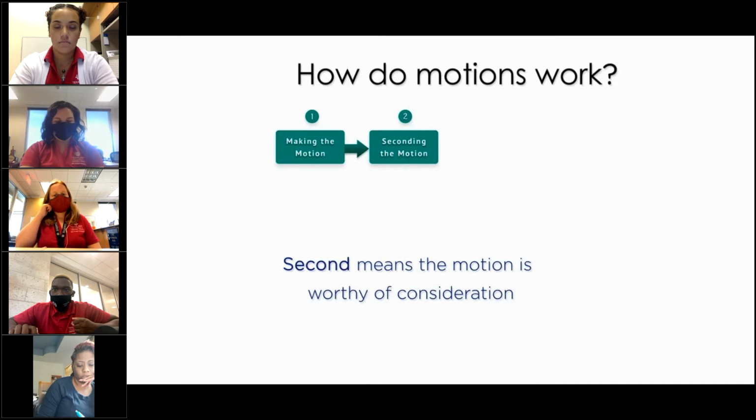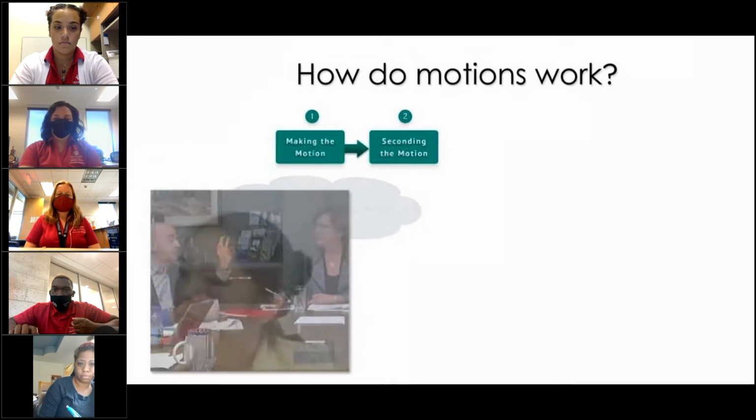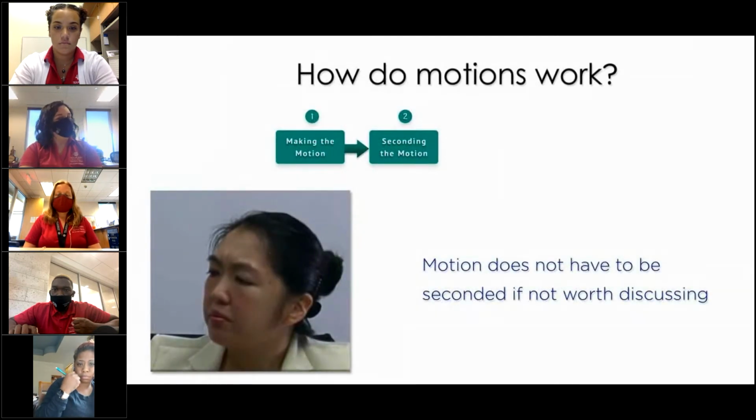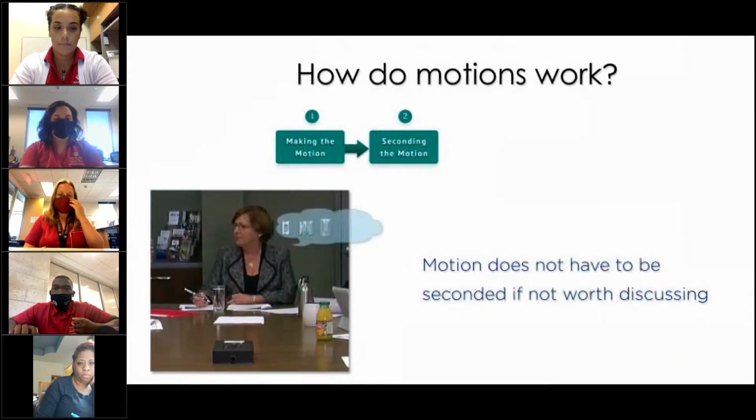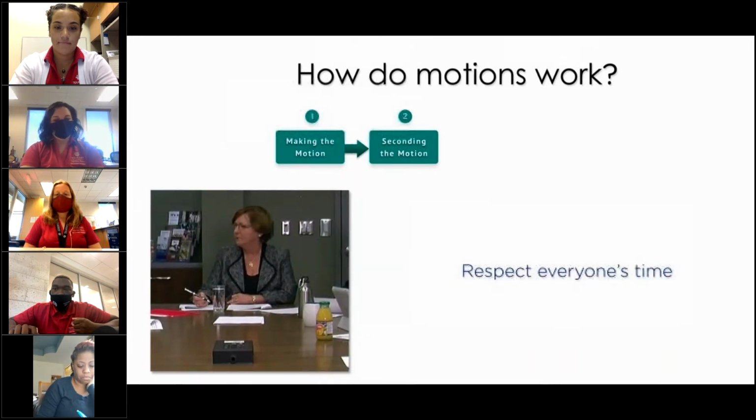A director can make a second simply by saying, "I second the motion," after a motion is made, without having to obtain the floor. If no one feels that the motion is worthy of discussion, it does not have to be seconded. In that case, the chair would say, "The motion dies for lack of a seconder." It may seem awkward if nobody supports the motion, but respect everyone's time and move on to other business.